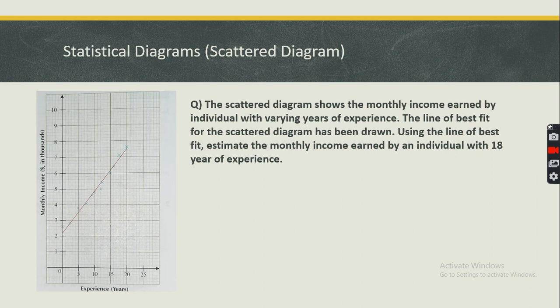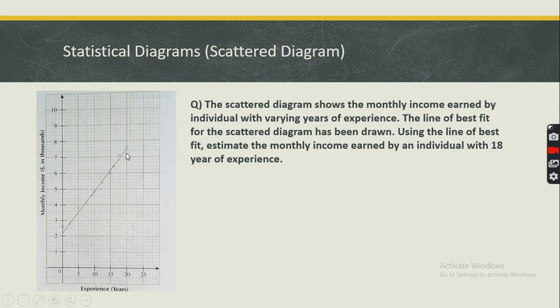They do not have a fixed precise value, they have varying values. It can be around $10,000, $5,000, $8,000, $8,500, or something like that, very close to each other, but not a single precise value. So we need to estimate the monthly income for 18 years of experience.